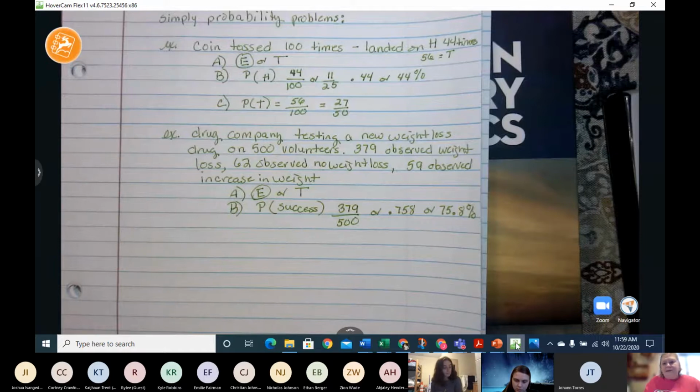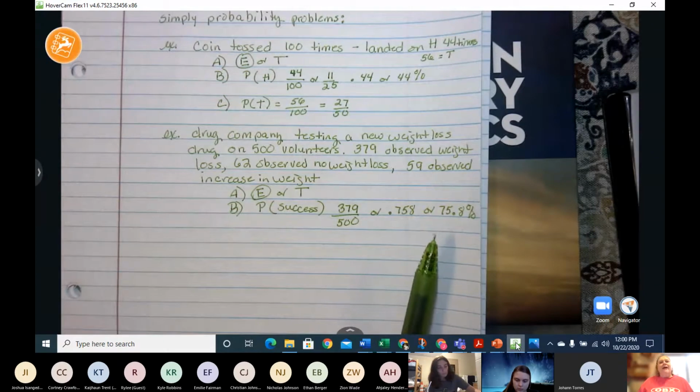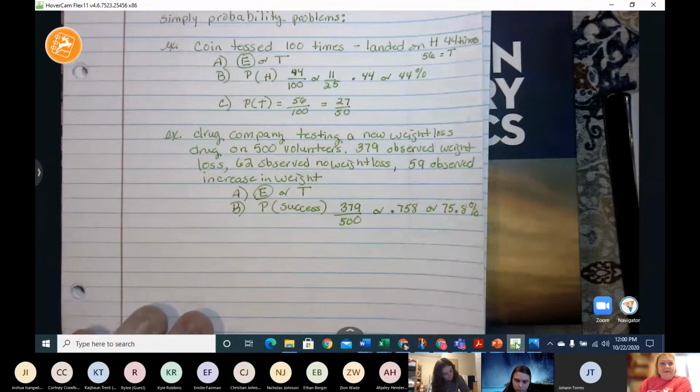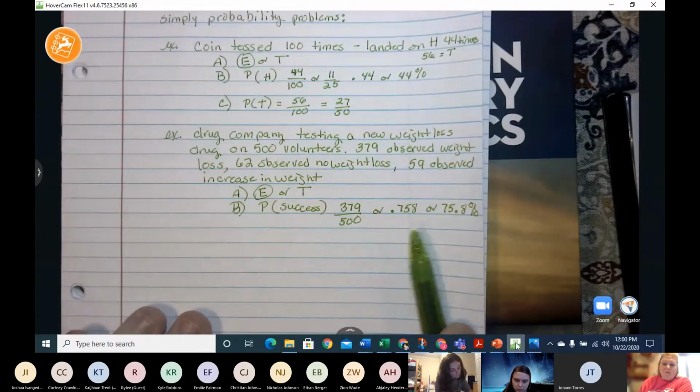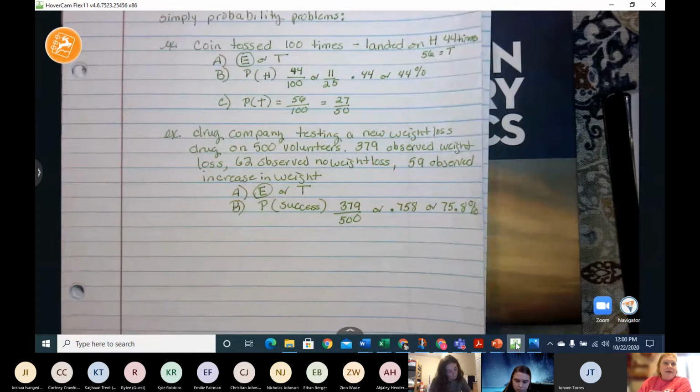So what's the probability of success? It is fairly likely to have success. It's not super close to 1 on that probability number line, but it is relatively close to 1, so it has a pretty good certainty of having success.